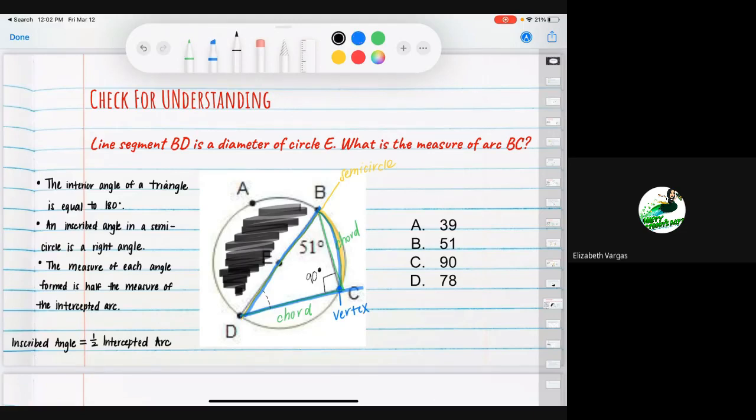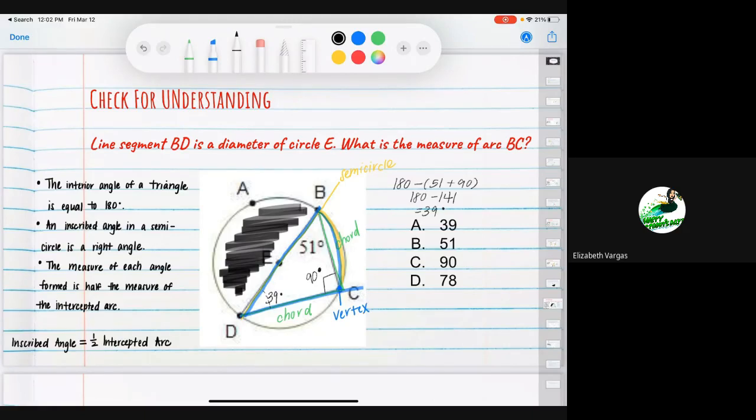What do I know about triangles? I know that the interior angles of a triangle add up to 180 degrees. So that means I can take 180 minus 51 plus 90, which gives me 180 minus 141 is equal to 39 degrees. So this is equal to 39 degrees.